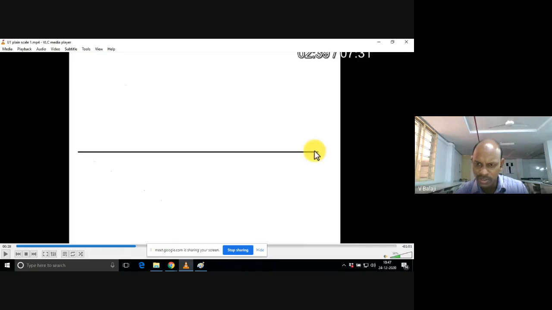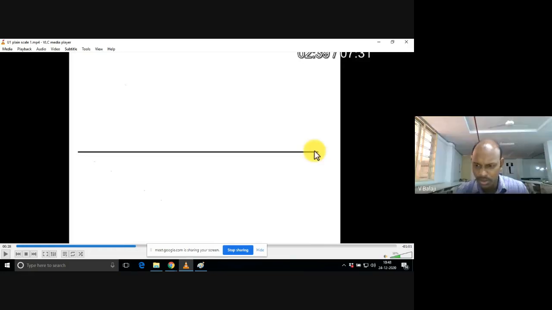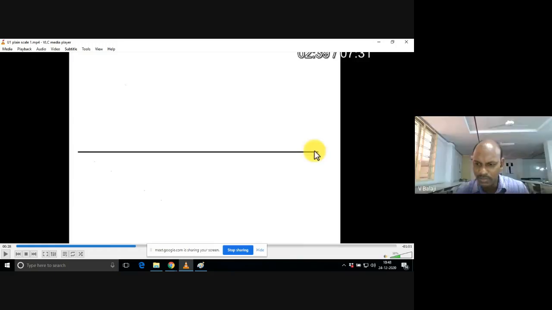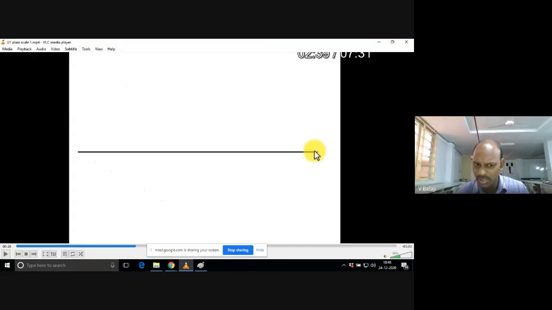This 12.5 centimeter line represents exactly how many decimeters in the real practical problem?